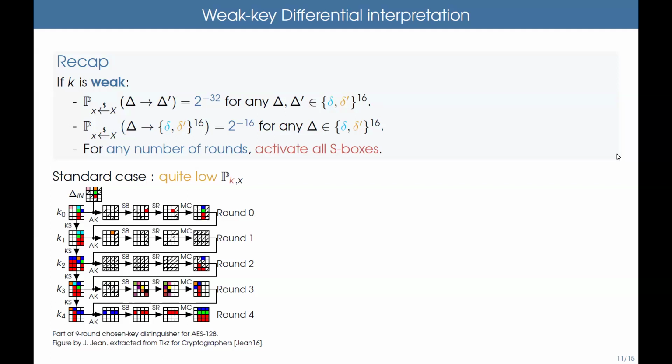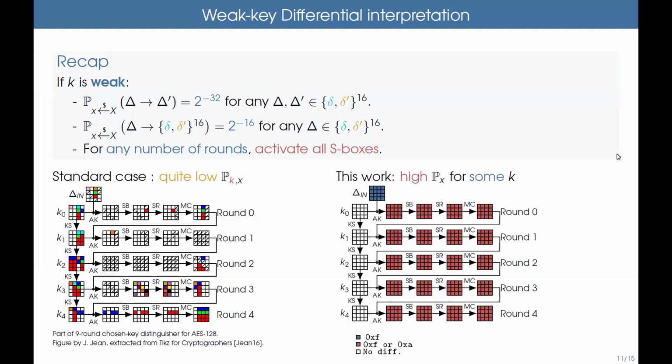And those probabilities are usually quite low. And we obtain them by trying, for instance, to minimize the number of active S-boxes throughout the rounds. But the distinguisher I just talked about has an extremely high probability, but the counterpart is that it only works for some keys.